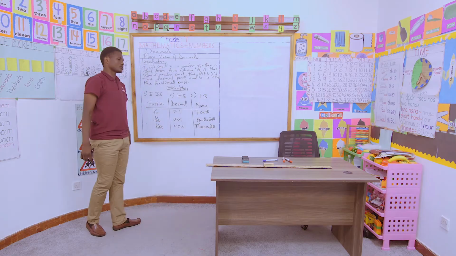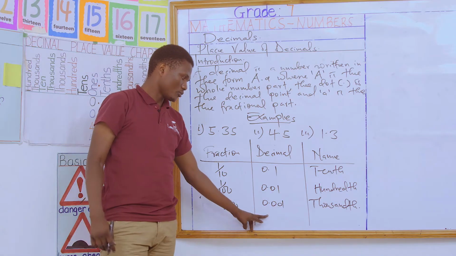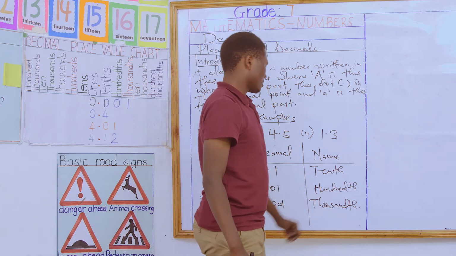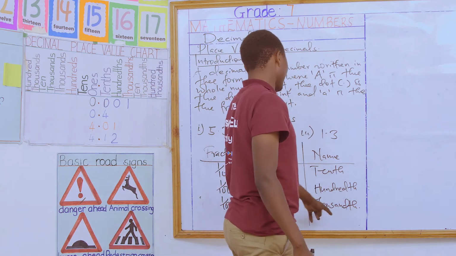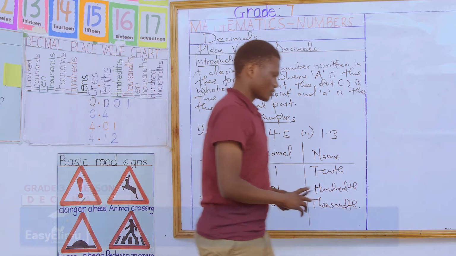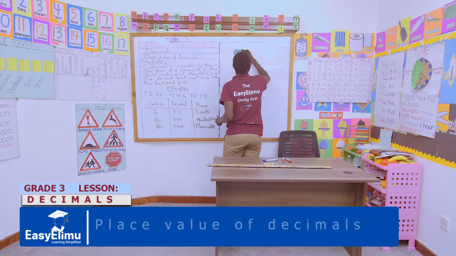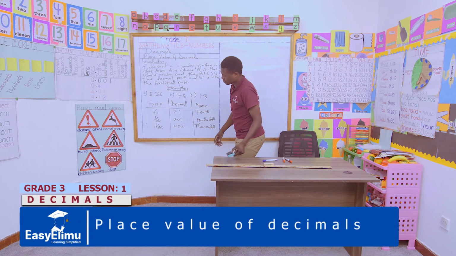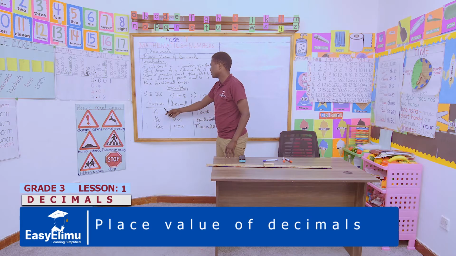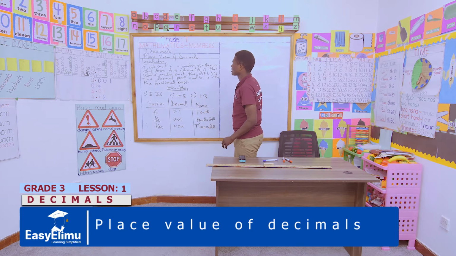And the list continues. 1 over 10,000 is 0.0001, known as ten thousandths. So, having revisited that, I hope you are able to remember how you relate the fractions and the decimal numbers.